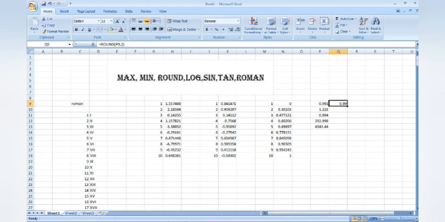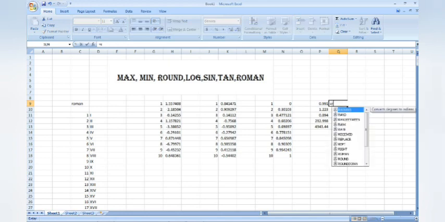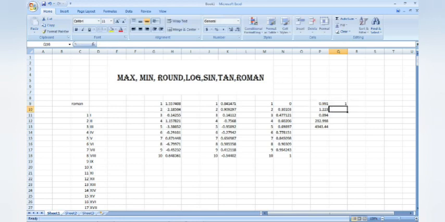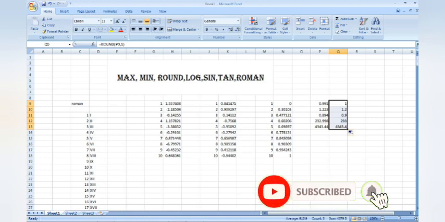Now for instance, we want to round it to 1 decimal point, equals ROUND, bracket open, P9, comma, 1 decimal point, just click 1, it gives you 1. Because the nearest number to this 0.99 is 1. The same thing happens to the rest of the numbers. I hope we all understand.